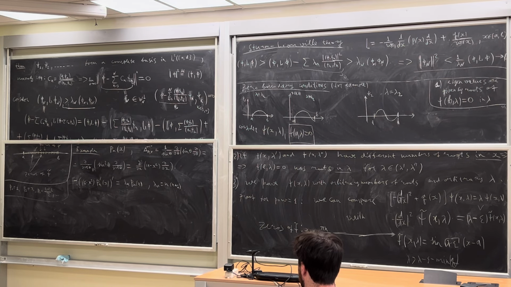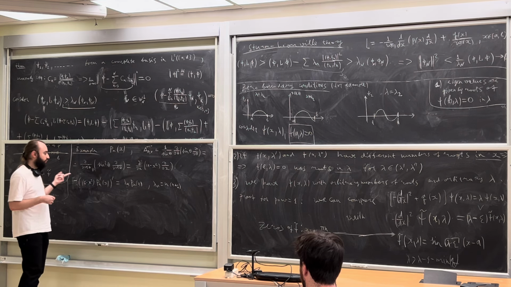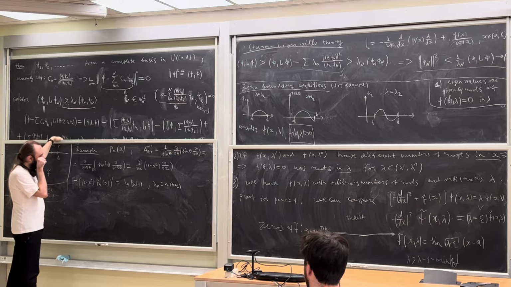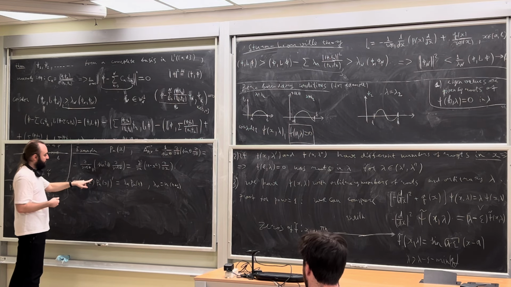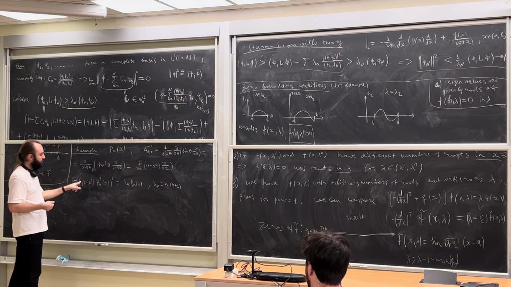It's symmetric, right? The idea is the following: once you know two solutions, the Wronskian times this function is constant.